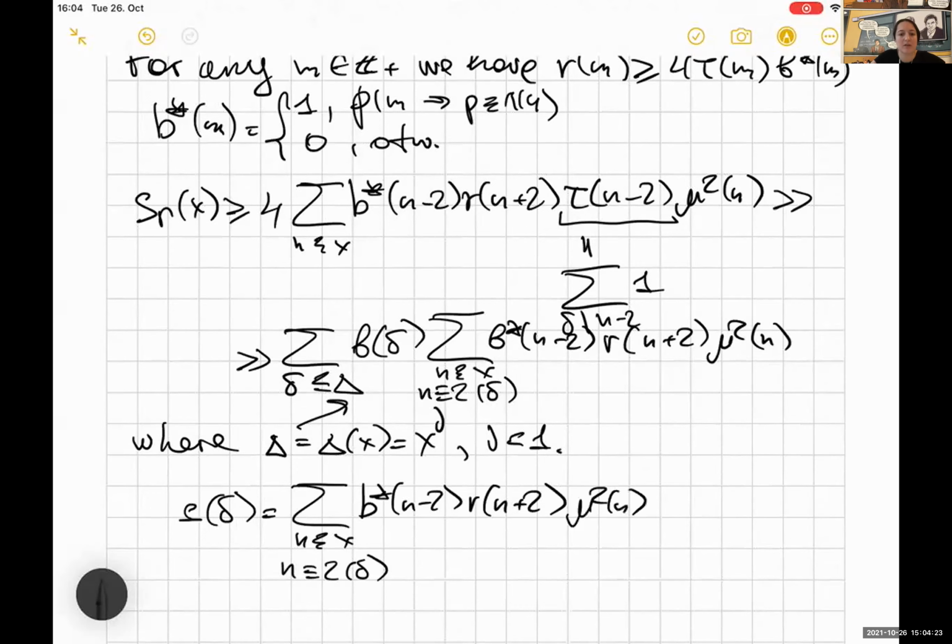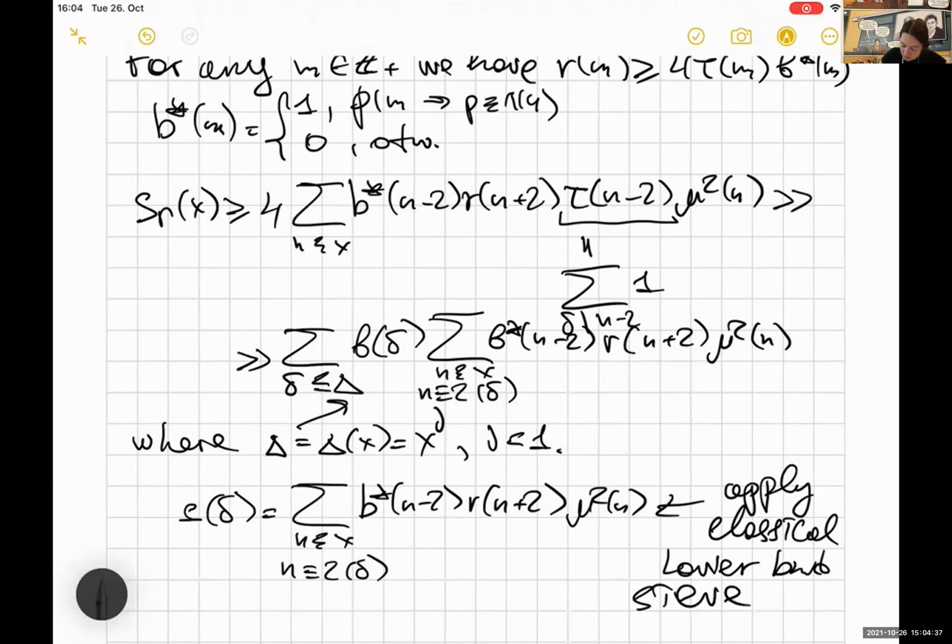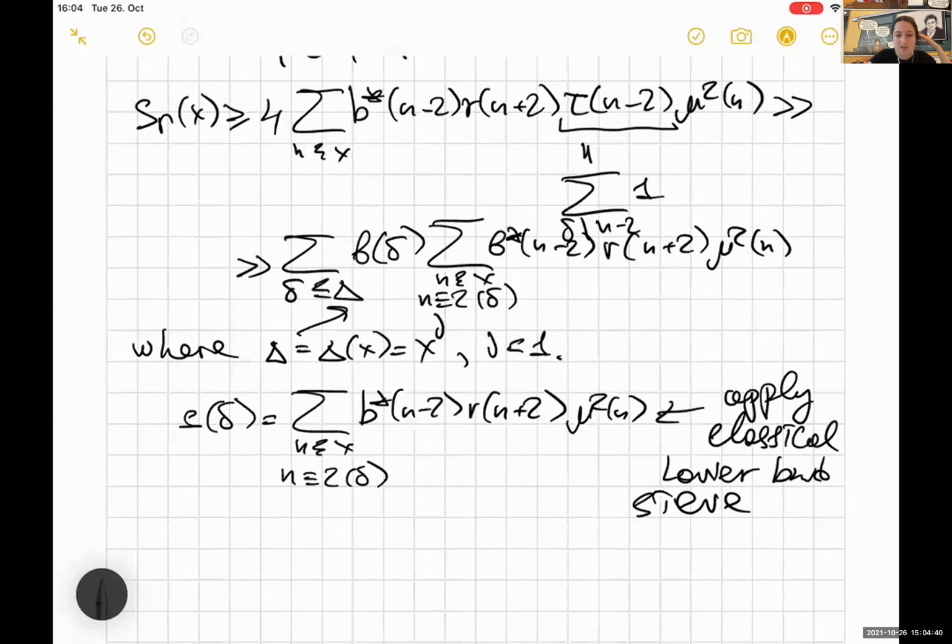To this one, we can already apply the classical lower bound sieve, and this would allow us to get the lower bound for this quantity in terms of r of n plus 2 times r of n minus 2, and sorry, in terms of mu square of n in the arithmetic progressions.